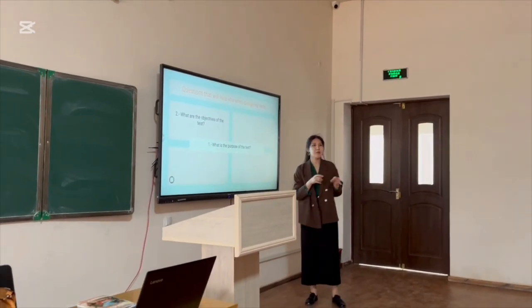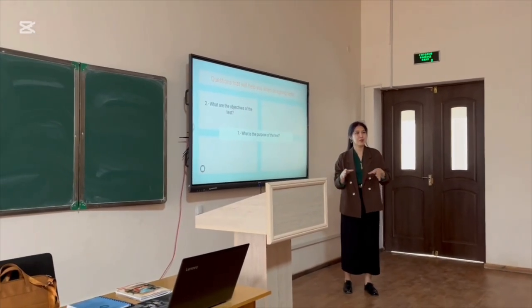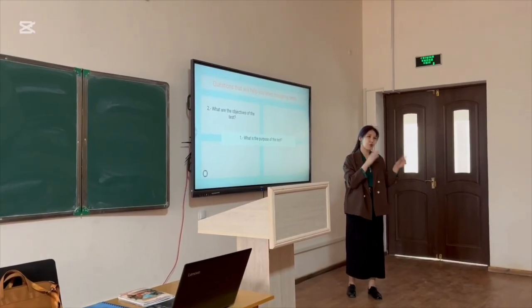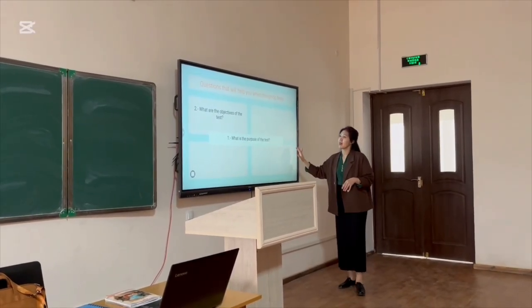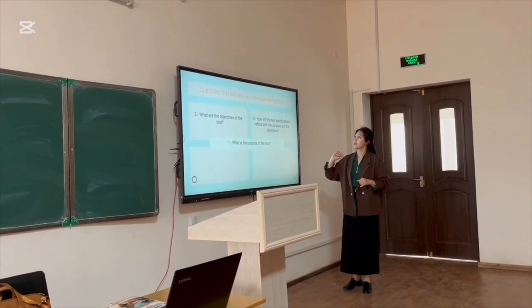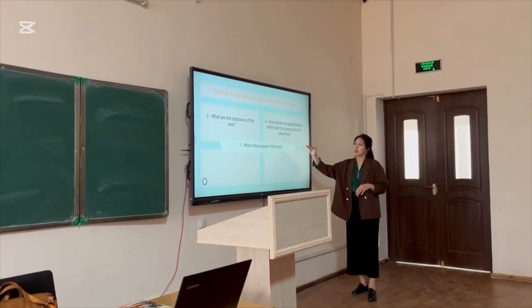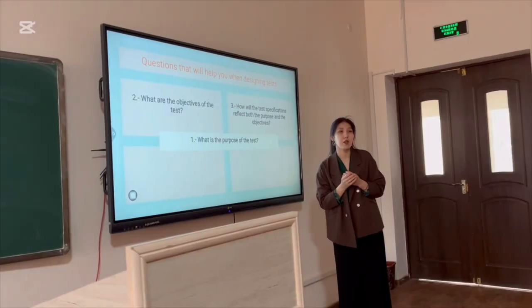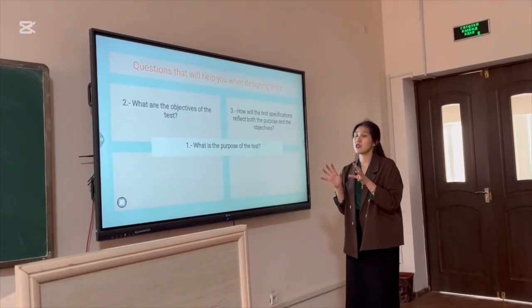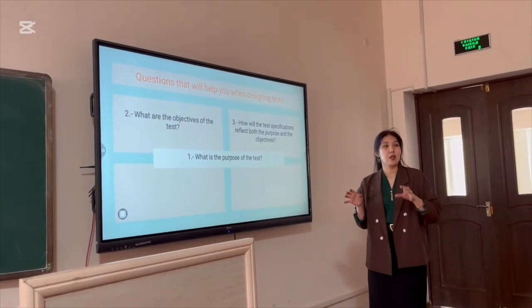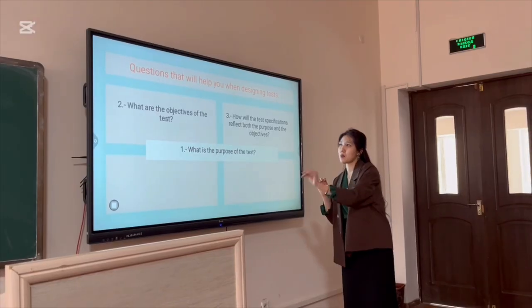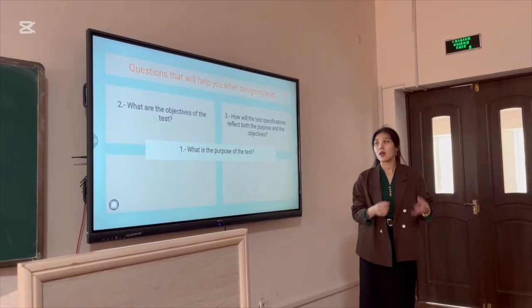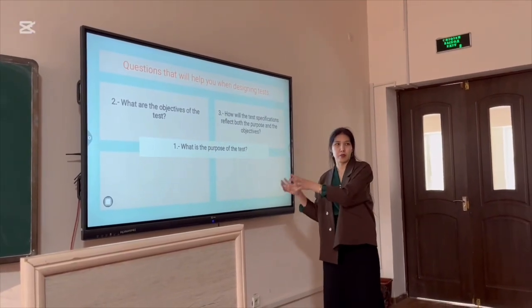But aim is for teachers, objective is for the student base. Next, third one. How will the test... we should consider both types. Objective from the student side and the purpose or aim from the teacher side.